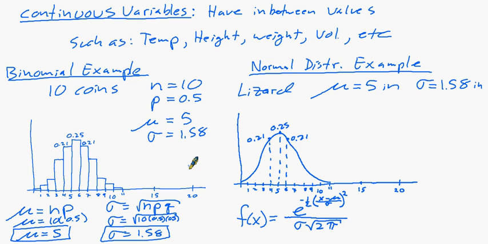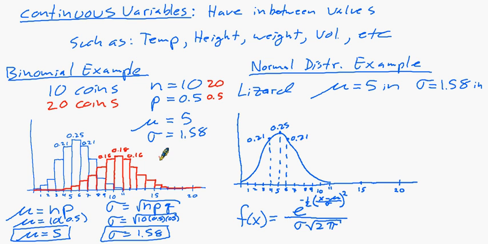Now, which means if instead of 10 coins, we did 20 coins, here's the distribution for 20 coins. We have, of course, more possible outcomes. So the 100%, which is the area of this distribution, has to be spread out over farther, which means, of course, it can't be as tall. Right? There's sort of a conservation of area that has to happen.